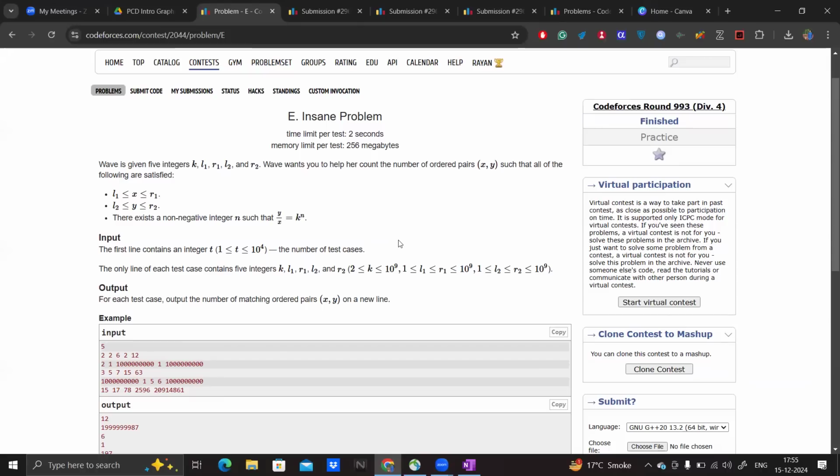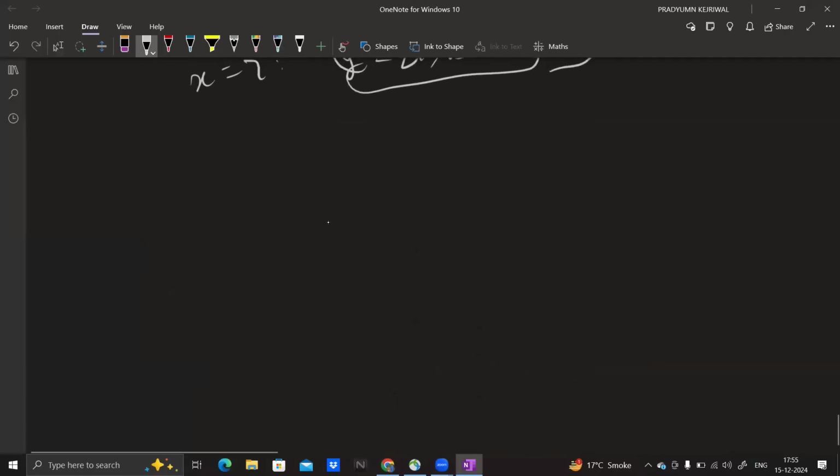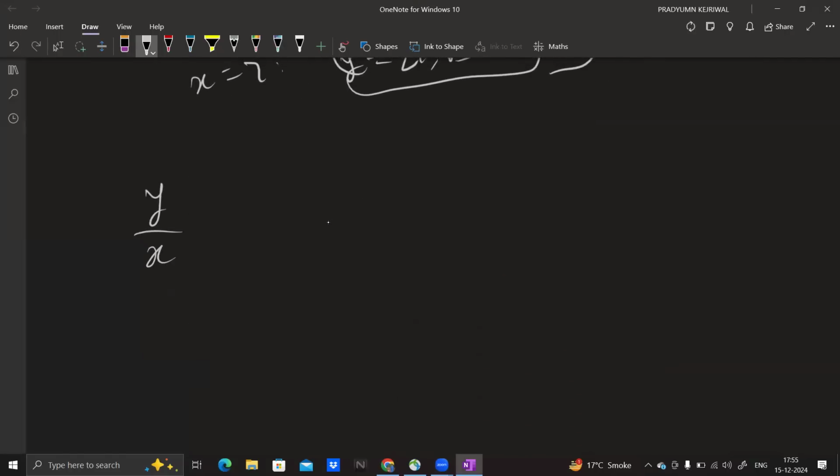So what I thought next was, what can I iterate over? I can't iterate over X because it ranges from L1 to R1. Same for Y, I can't iterate over Y. But what I can iterate over is N. Why? I'll explain. Y upon X is K to the N, right? Y upon X is equal to K to the power of N. Now, where can this lie?